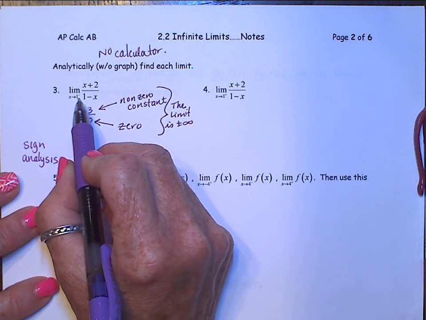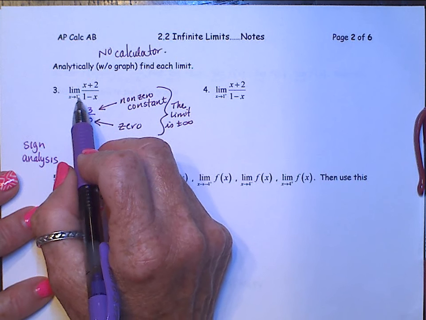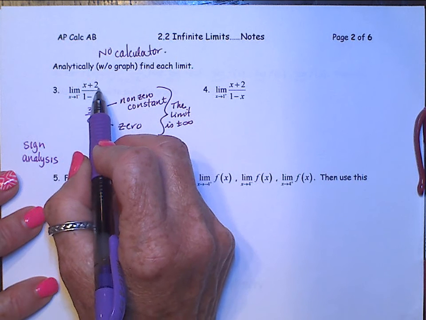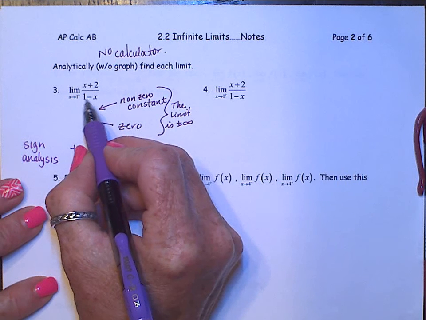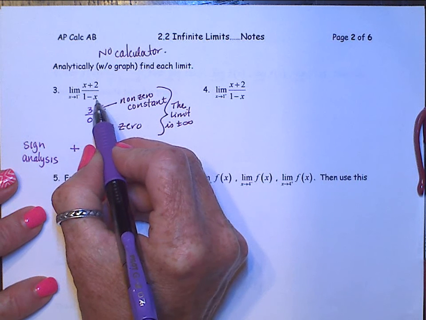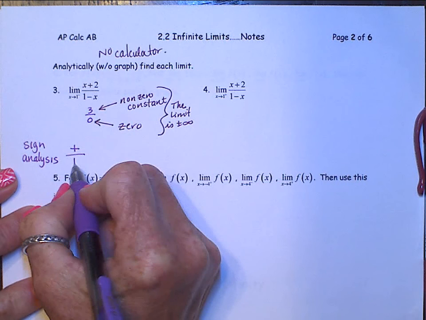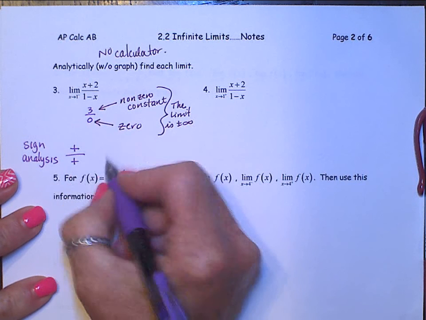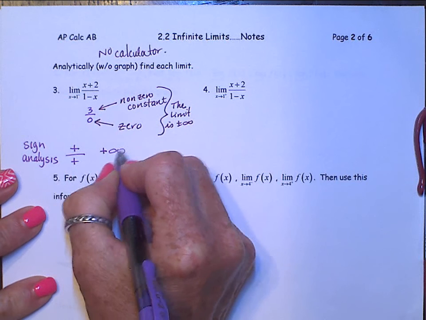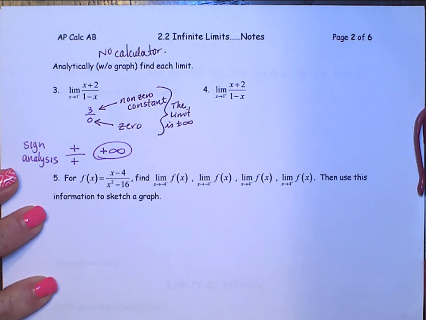And all you're interested in is the sign, not the actual numerical value, just the sign. So 0.99999 plus 2 is positive. Down here, 1 minus 0.99999, that's positive. Positive divided by positive is positive, so the limit is positive infinity.